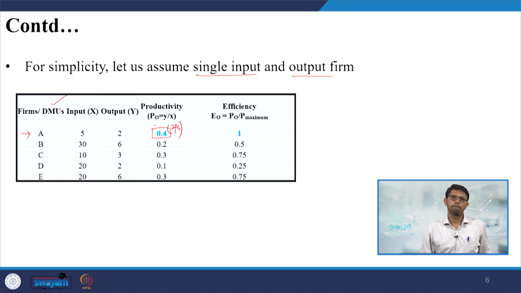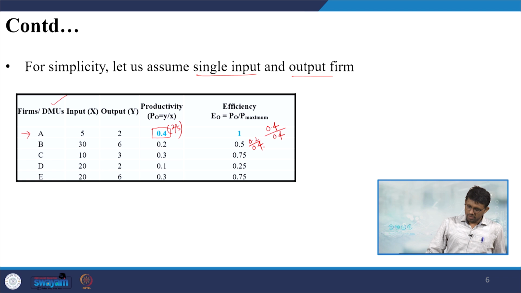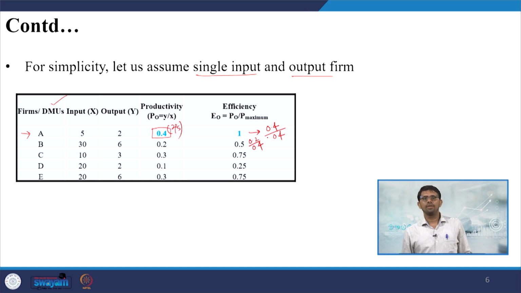So, in the denominator we are going to keep 0.4, and in the numerator the individual firm's productivity. So, this is 0.2 divided by 0.4, which is 0.5. By this approach you can clarify the simple difference between productivity and efficiency.